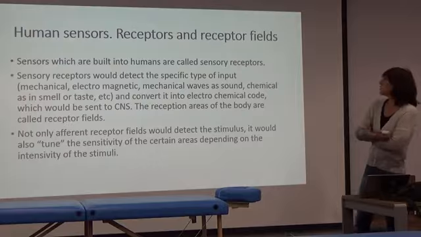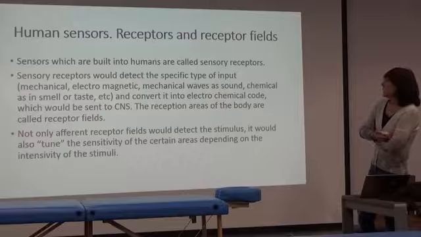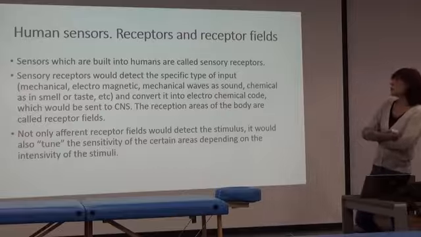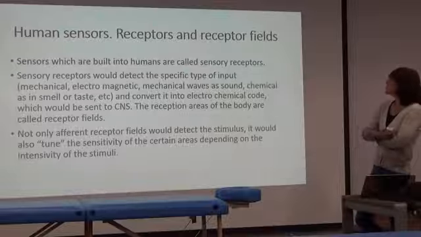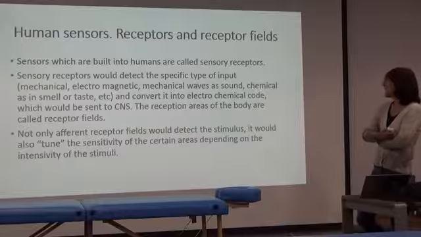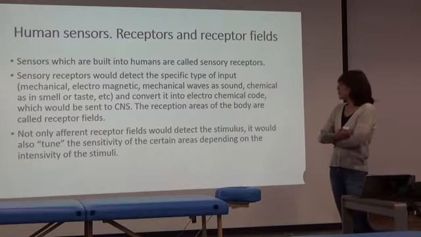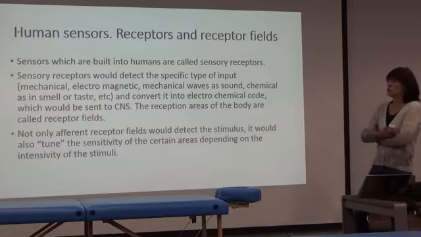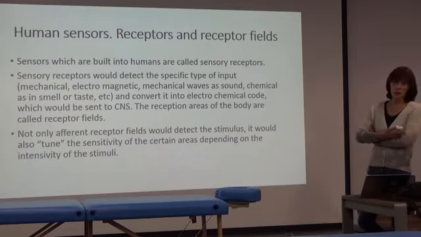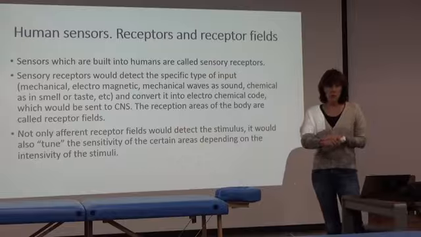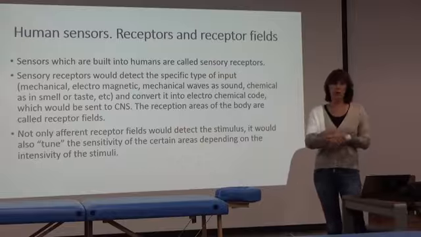So, human senses and human receptors. The senses which are built into humans are called sensory receptors, and sensory receptors detect a specific type of input. It could be mechanical, electromagnetic, mechanical waves such as sound, or chemical such as taste or smell, and convert it into an electrochemical code, which is sent to the central nervous system. When somebody touches us, we learn that it's a touch sensation.